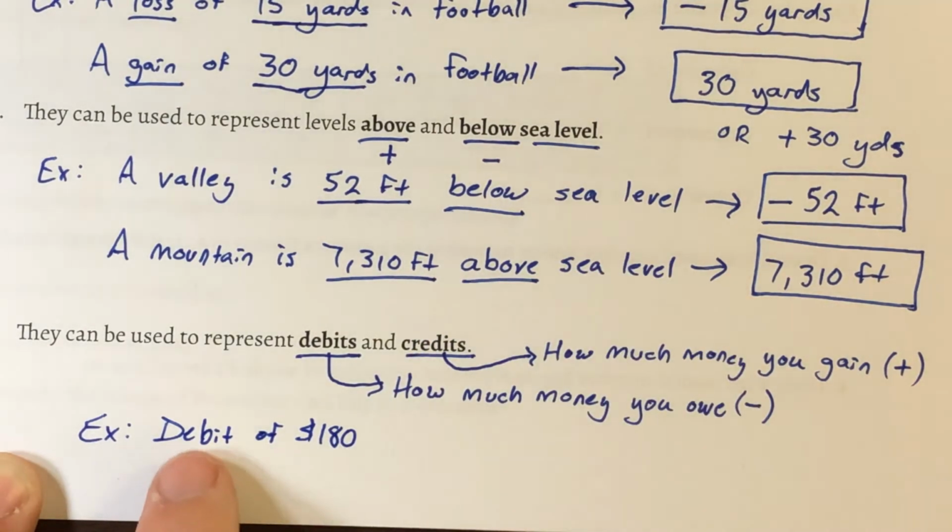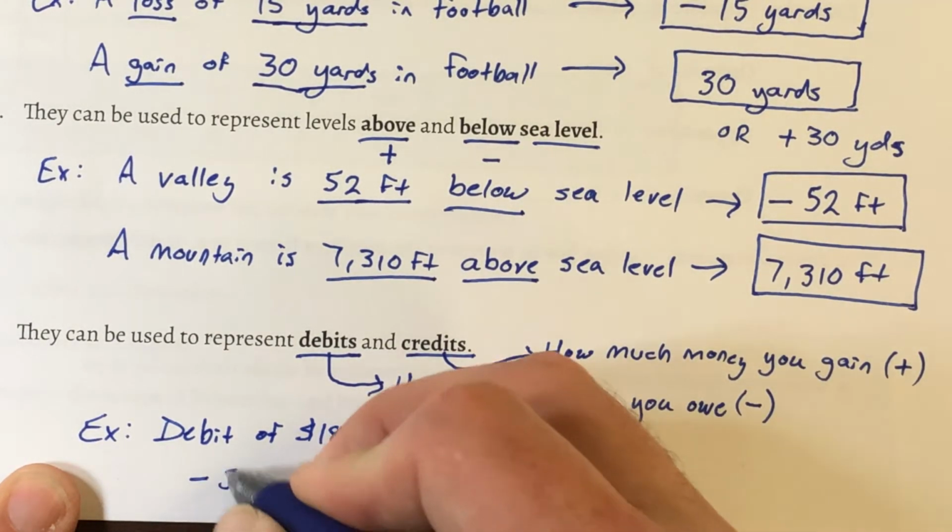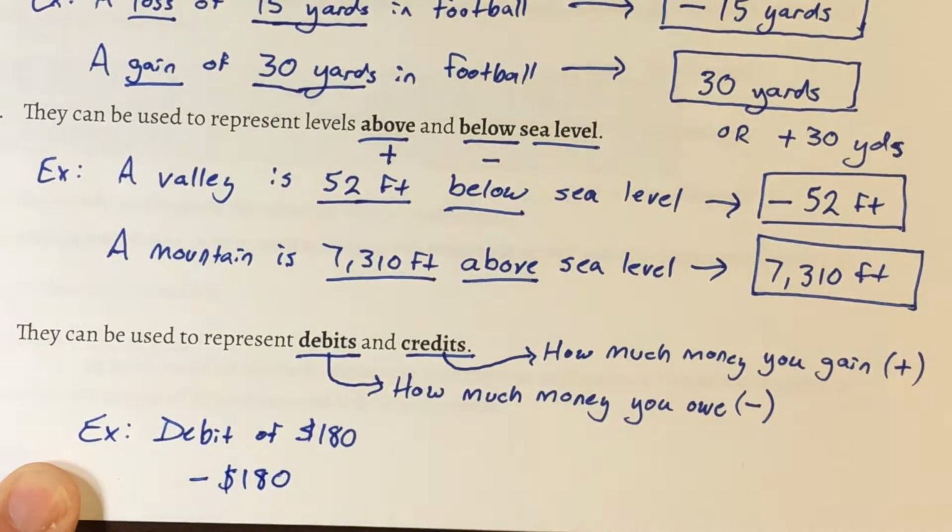It might not actually say debit of $180. So what would it actually look like? Well, you're going to see them taking away $180. So a debit of $180 means negative $180. It's going away, and then you're very sad because you have no more money.